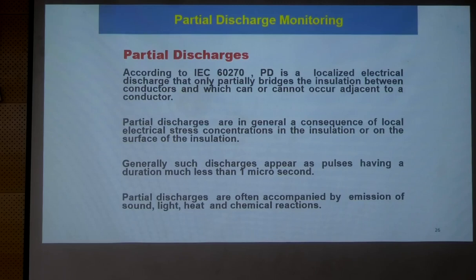In that way we will be able to detect at the earlier phase itself.